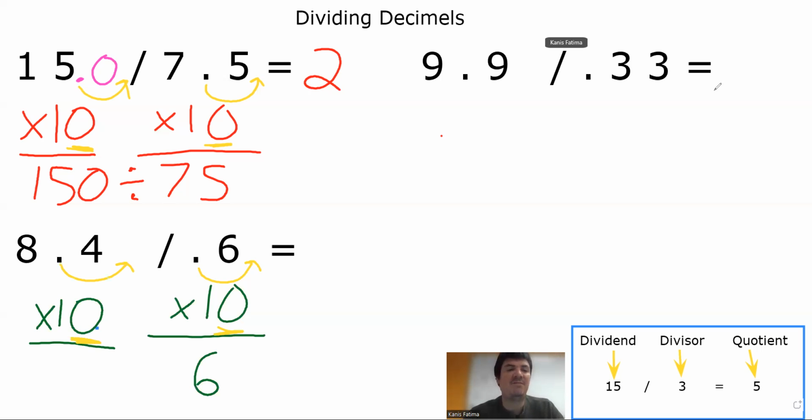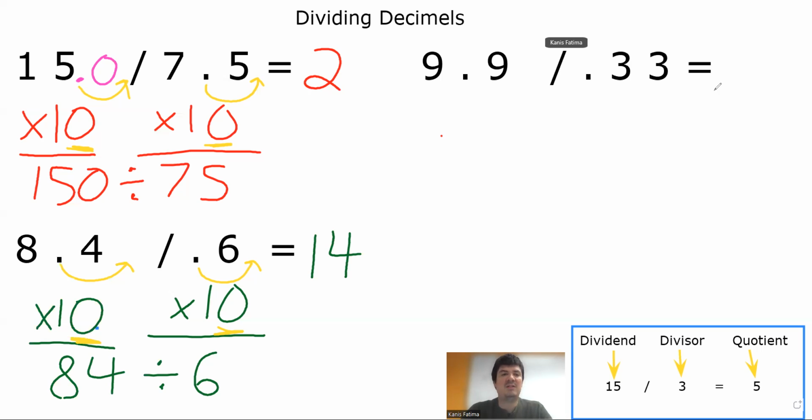So 8.4 times 10 is 84. Now I can just divide. 84 divided by 6 is 14. So 8.4 divided by 0.6 is also 14.